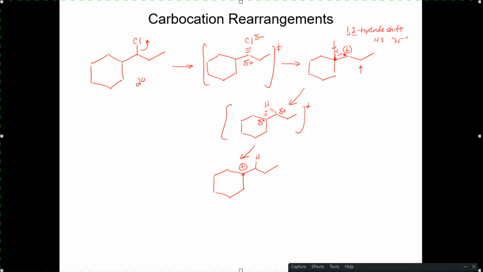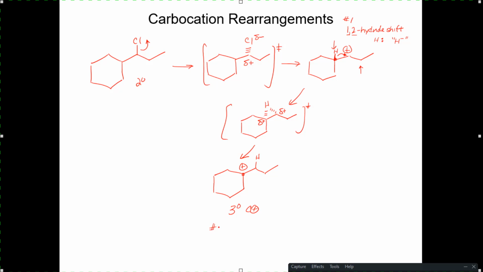There's a delta positive charge on this carbon. So this is the transition state for the hydride shift. And in this case, we're now going to form a tertiary carbocation. So rule number 1 is that if you do a carbocation shift, you can only move a hydrogen one position. You can only do a 1,2 hydride shift.